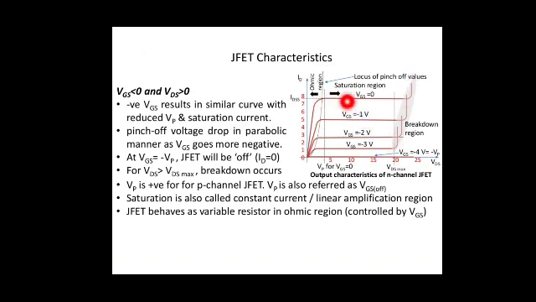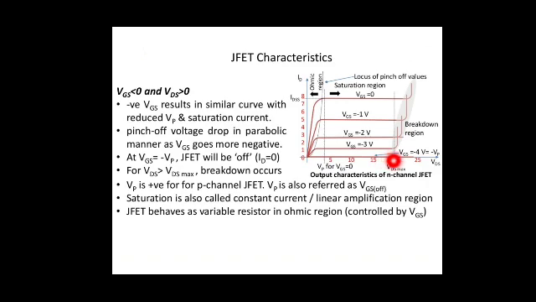Up to a certain value, as you keep on increasing VDS, IDS will be constant. But once it crosses that range of VDS, it results in avalanche effect, and due to this avalanche effect, the IDS value will abruptly increase.